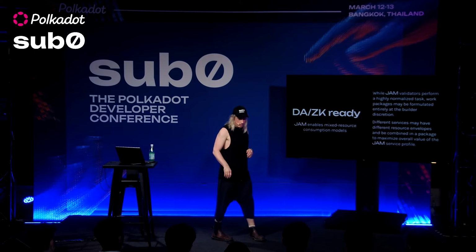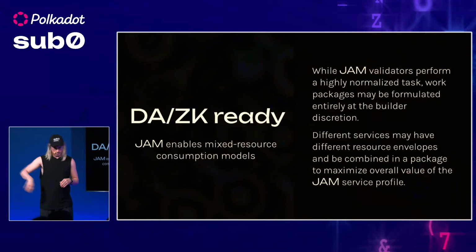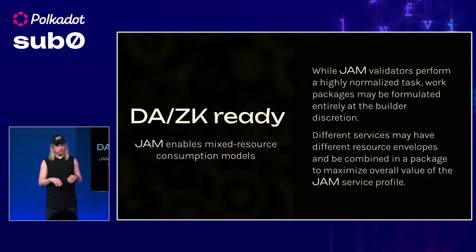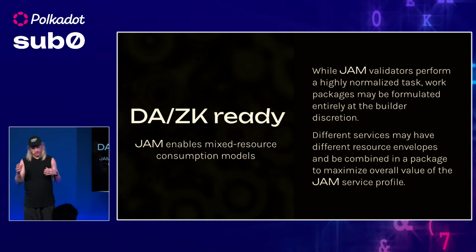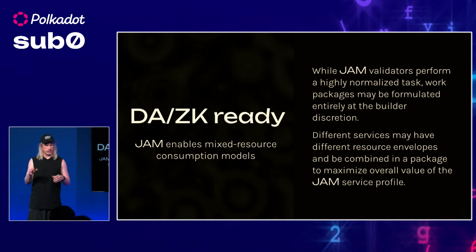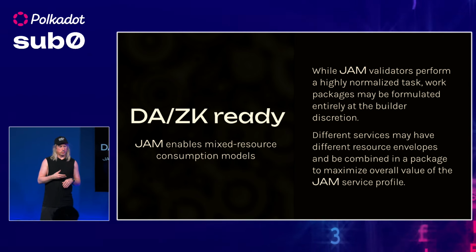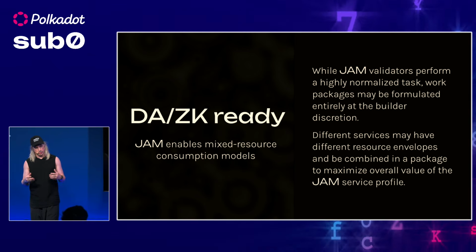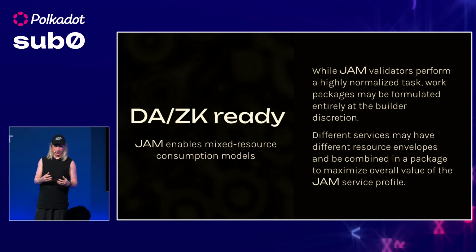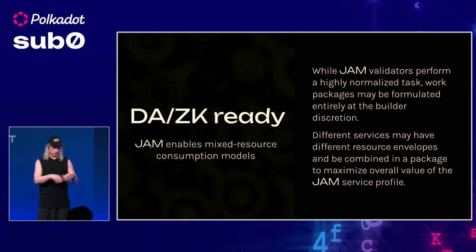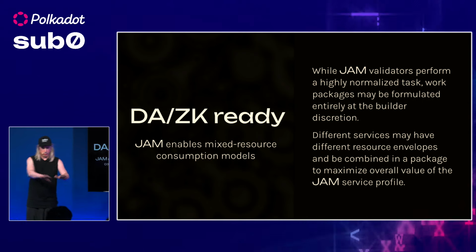The last thing I want to mention before we get onto the conclusion is something I get asked about occasionally. Jam, because it provides a much more general, less opinionated model for using these underlying cores, right?